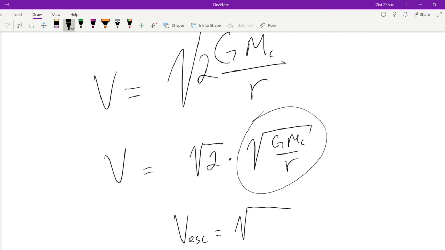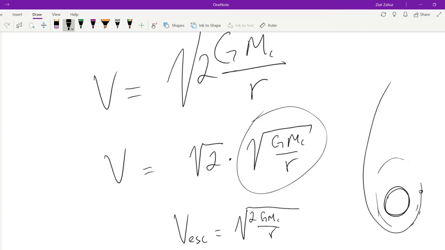And essentially, if you go root 2 times faster than Vorb, instead of going in elliptical orbits, you're just slingshot away. That's because you're going so fast that you're so far apart. Remember, as the distance between the planet and the object increases, the force of gravity decreases, right?